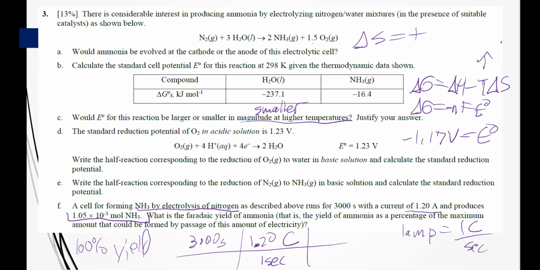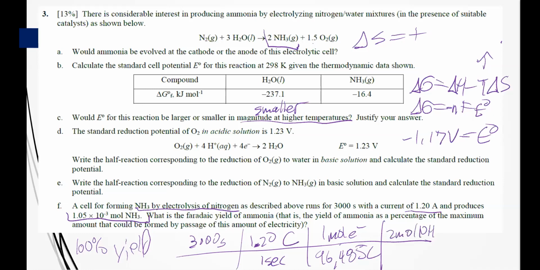And the nice part about the coulomb is that 96,485 coulombs is 1 mole of electrons. So we can use that to figure out how many moles of electrons we have. And then we said how many moles of electrons we needed to make 2 moles of our NH3.